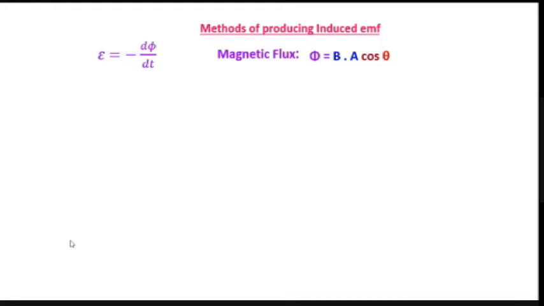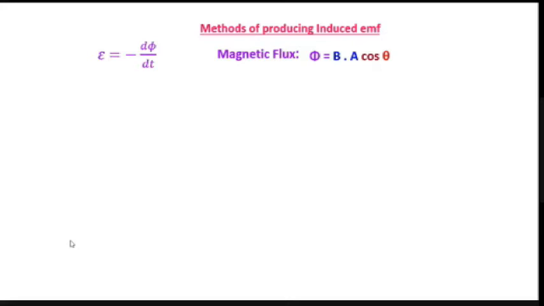Increase. The magnetic field will remain constant for the magnet, but for the coil, the magnet is coming nearer and nearer. If the coil is placed very near to the magnet, what happens? As the distance between coil and magnet decreases, the magnetic field intensity increases. Near the coil, more magnetic field will be there.